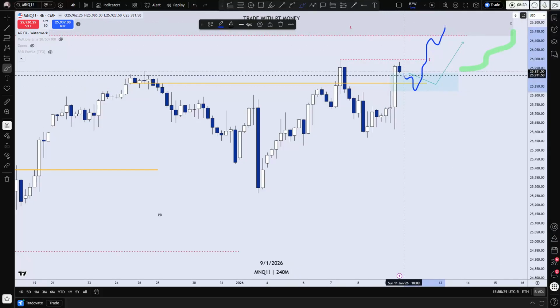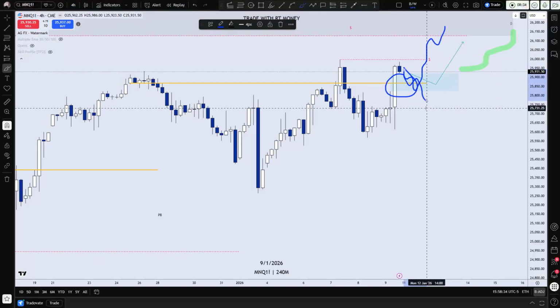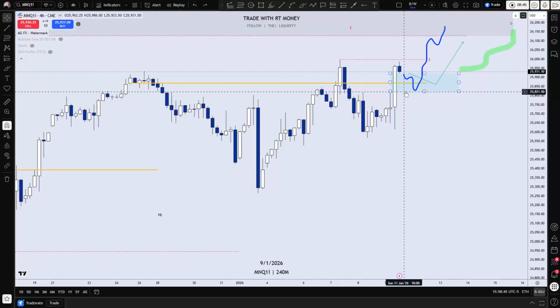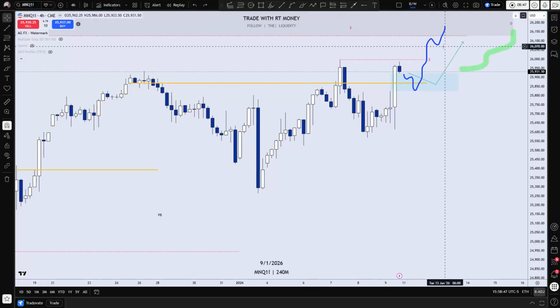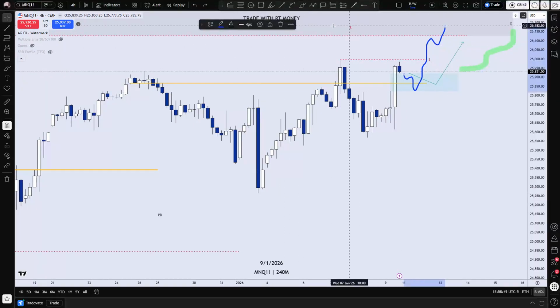All right. That's a bullish fair value gap, folks. If we break that bullish fair value gap, let me see. Let me give you the other side. All right. Something's going on with my internet, and I can't figure it out. Let me see if I can get rid of this. All right.